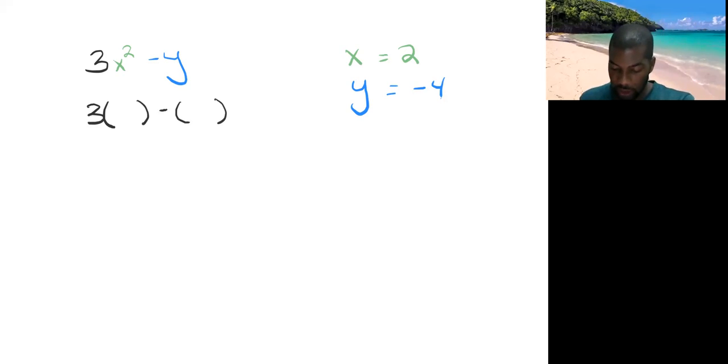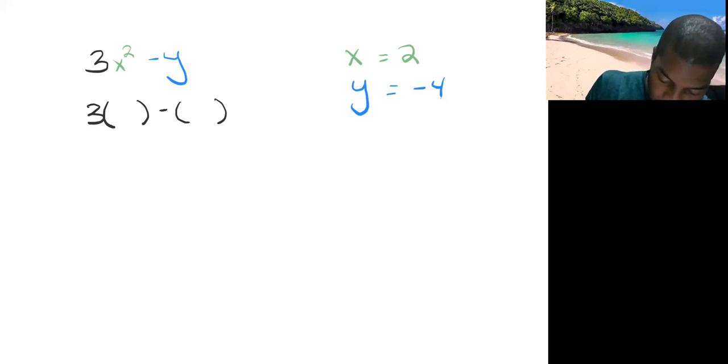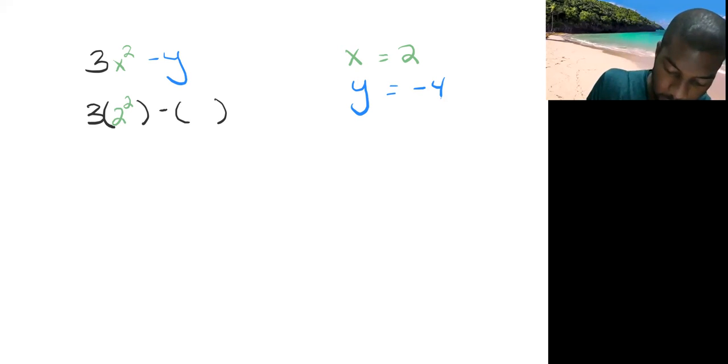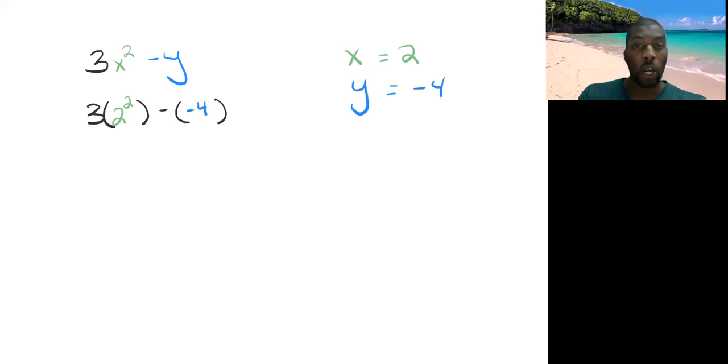So the x is really a 2. So I put a 2 in its place and then a square because it's an x squared, so it's a 2 squared now. And the y is really a -4. So I replace y with -4. Notice that I kept the negative. It's a -4, it's not a +4. So now we evaluate according to PEMDAS, right?